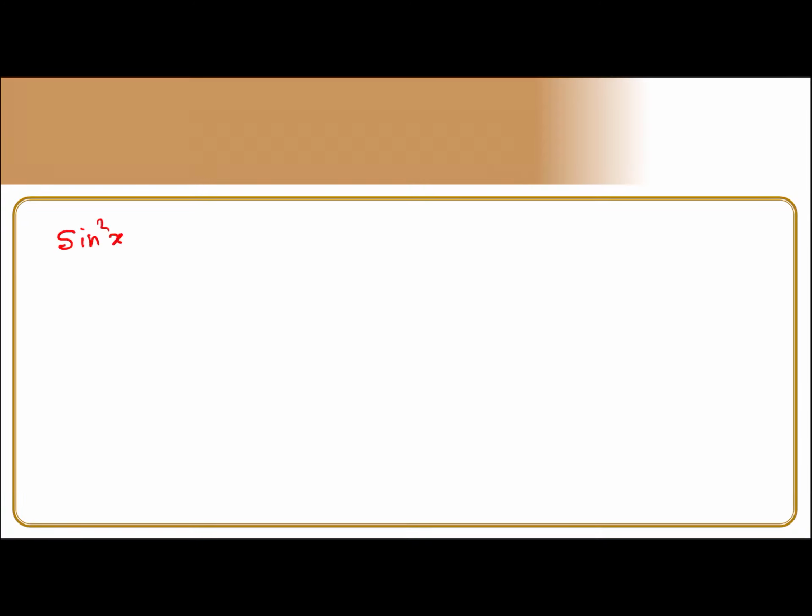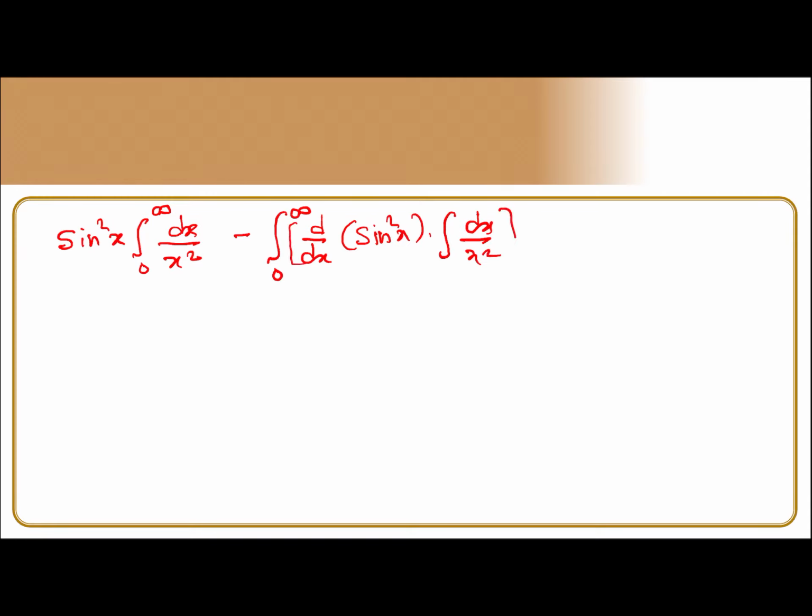So this becomes sine square x into integral 0 to infinity dx by x square minus 0 to infinity d by dx of sine square x into integral dx by x square dx. So we get, obviously, minus sine square x by x, 0 to infinity.